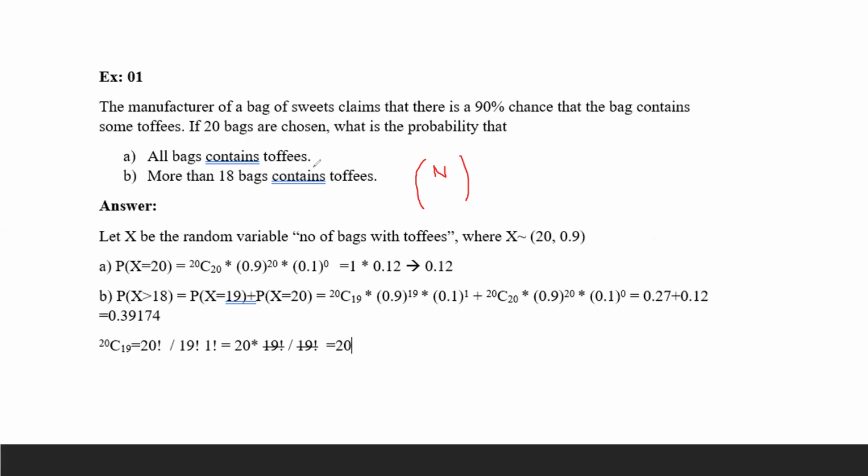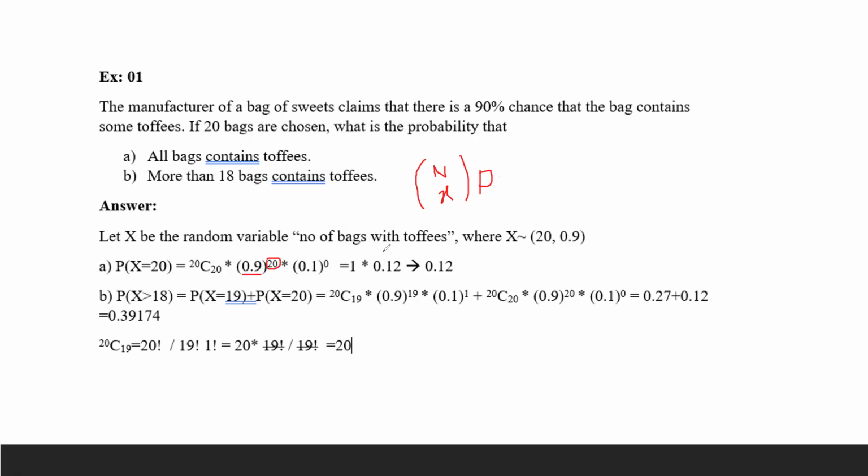Then what is the variable we use? Probability, the failure rate, the success rate. The success rate is 0.9.